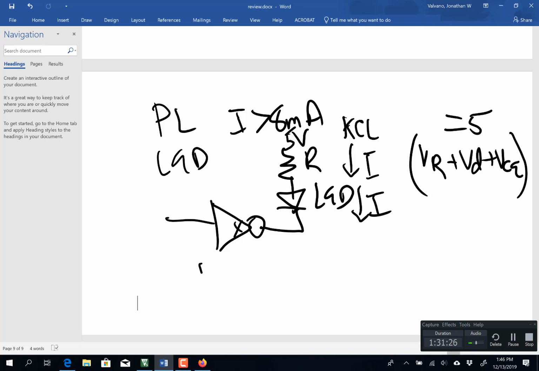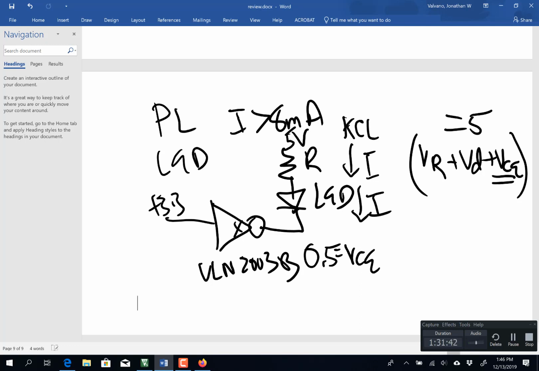And this is our ULN2003B, such that if this is high, this thing goes low to some number. And then I'm just going to use Ohm's law and these two things to calculate the resistance.